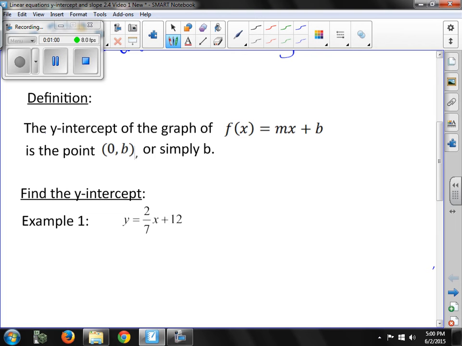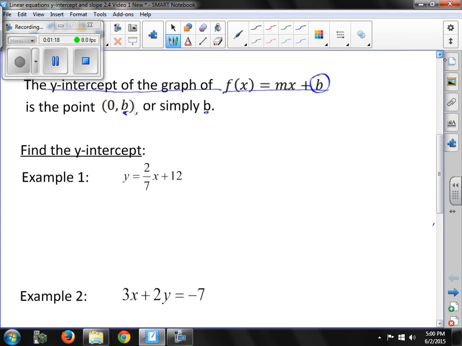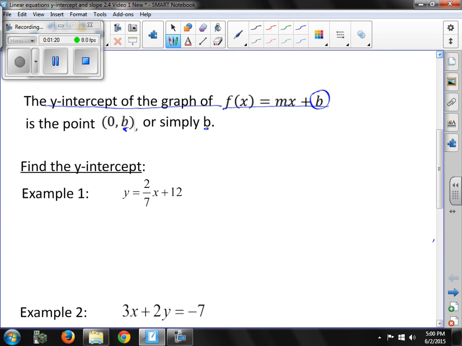Definition: the y-intercept of the graph of a linear function is the point (0, b), or simply the b. The b is the number hanging out on the end. Let's look at this example. Find the y-intercept.